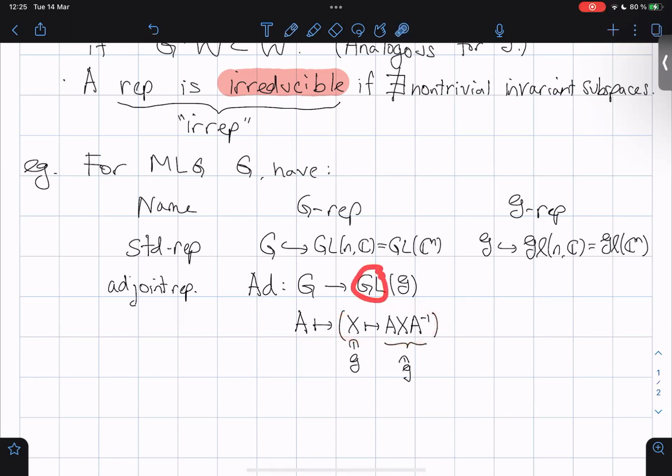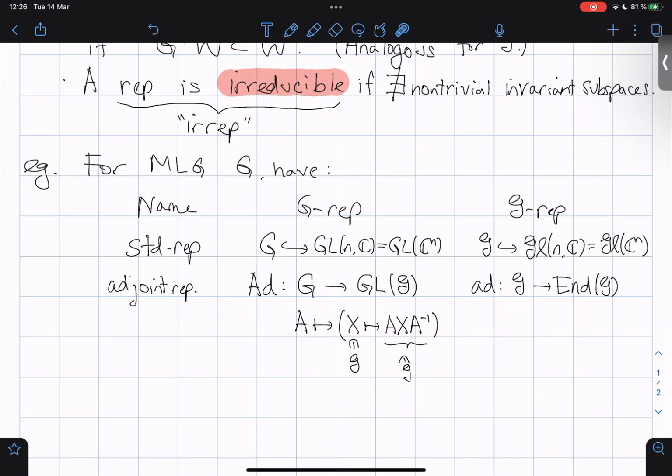So we're sitting in capital G. When I take the corresponding Lie algebra representation, that's the little ad map. This is a representation of g on g itself.